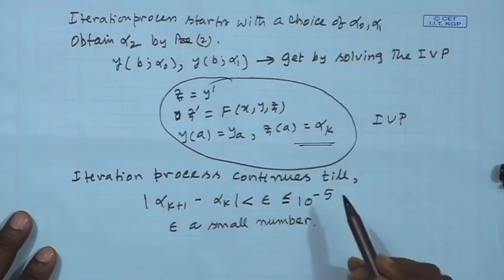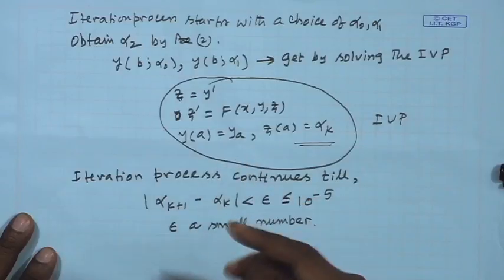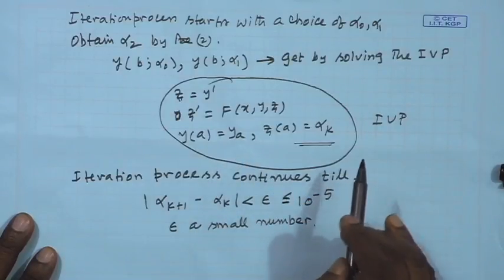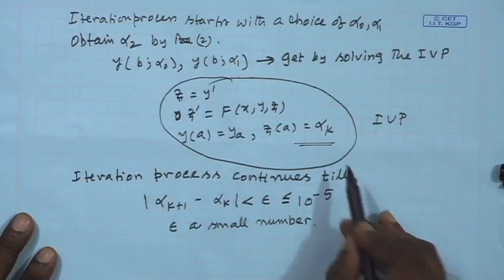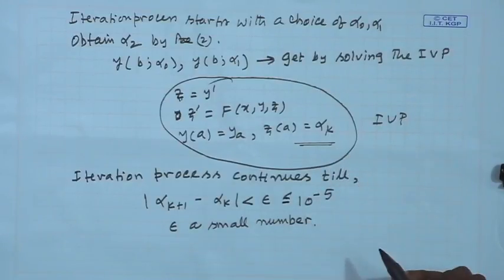So, in the shooting method we replace the given boundary value problem by an equivalent initial value problem by assuming the missing initial condition, solve this problem with it, go back to equation number 2 to get the successive approximation or modified form of the missing initial condition, and so on.